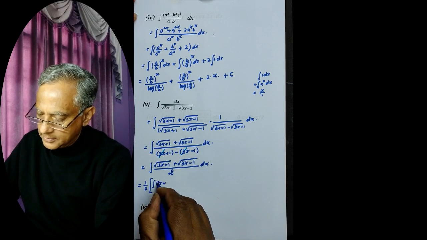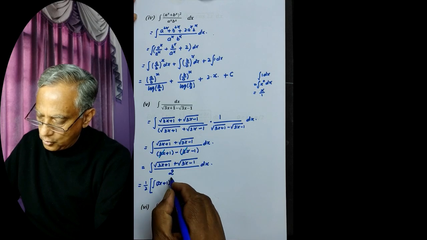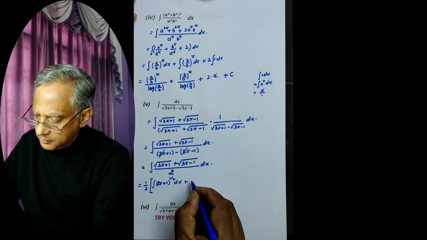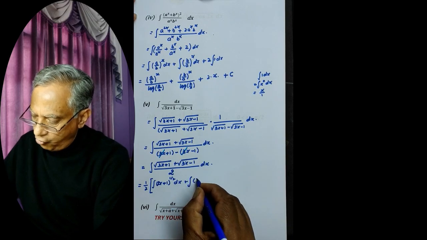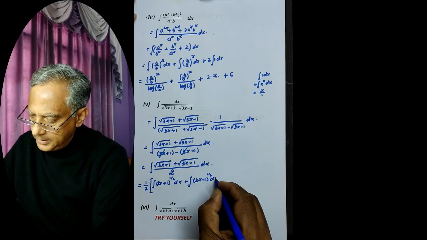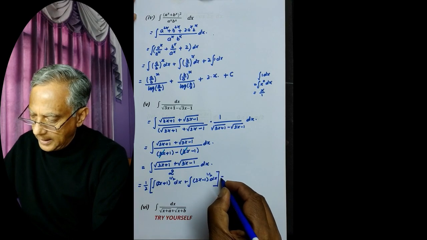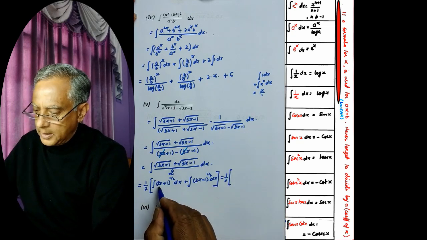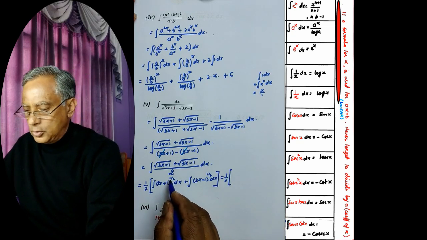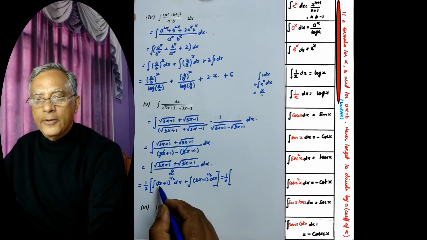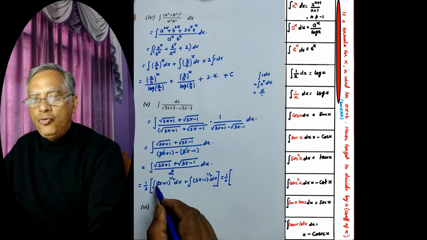And this is equal to 1 by 2 into the integral of root(3x+1), that is (3x+1) to the power of half dx, plus the integral of (3x-1) to the power of half dx. Now we will use the formula for x to the power of half and divide by the coefficient of x.